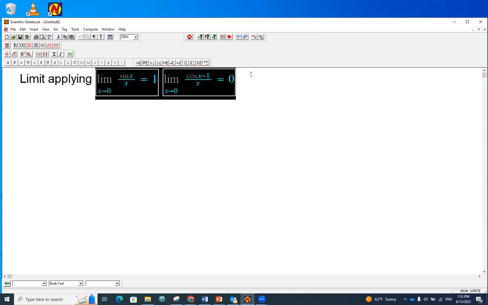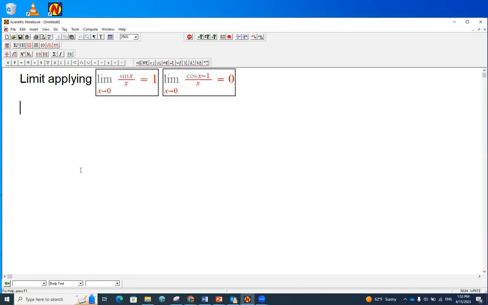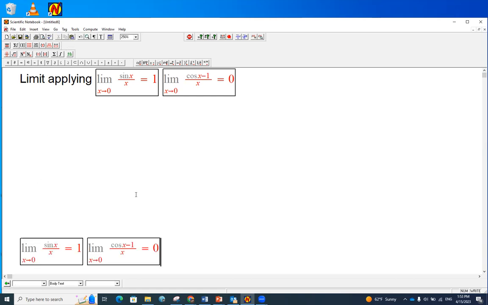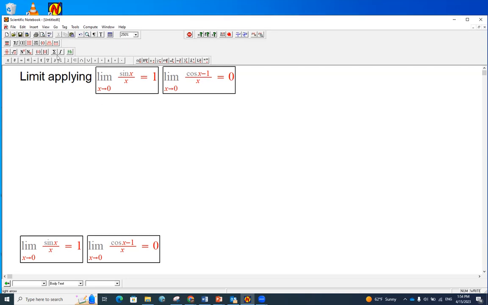So we're going to put these two limits beneath us so we always have them coming along with us. And we're going to focus on some of these algebraic manipulations that you may be very familiar with or need some refreshing on.